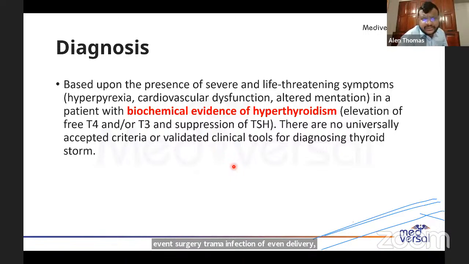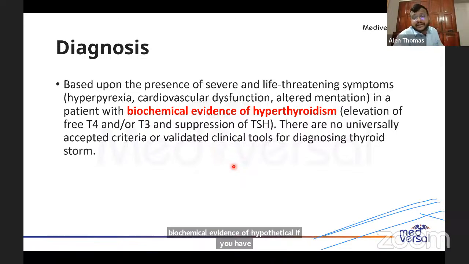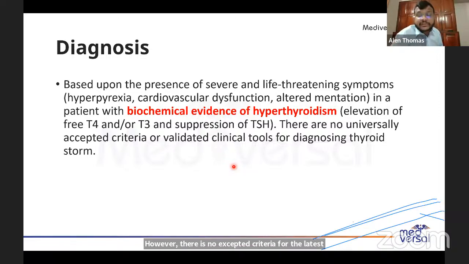If you look at the diagnosis, I'm just reading the red part. In a setting of hyperpyrexia, cardiovascular dysfunction, altered mentation, you shouldn't wait for the report. You should look at the setting of biochemical evidence of hyperthyroidism. If you have cardiovascular features, hyperpyrexia, and altered mentation, then definitely think of thyroid storm. However, there are no accepted criteria as per the latest guidelines, no validated clinical tools for diagnosing thyroid storm.